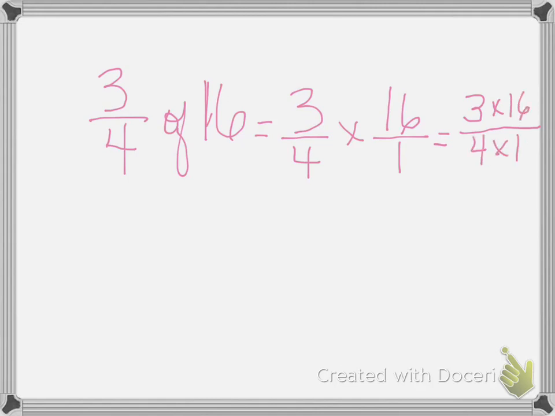Now, 3 times 16 is not really a fact I know in my head, so I'm going to work it out over here on the side. 3 times 16: 6 times 3 is 18, carry the 1, 3 times 1 plus 1 is 4. So that would be 48. And then 4 times 1 is 4, so that would be 48/4.